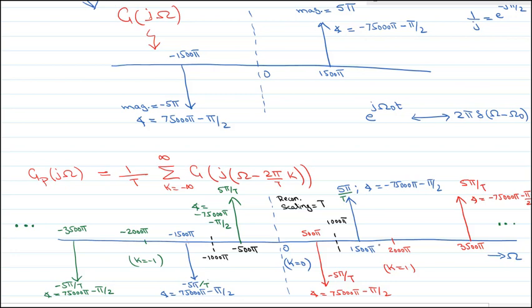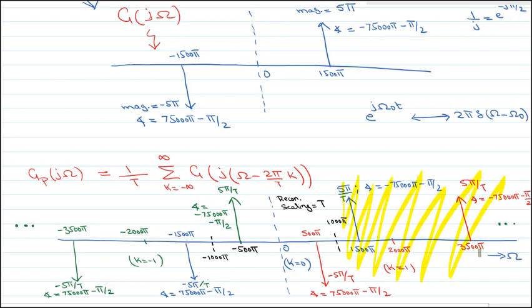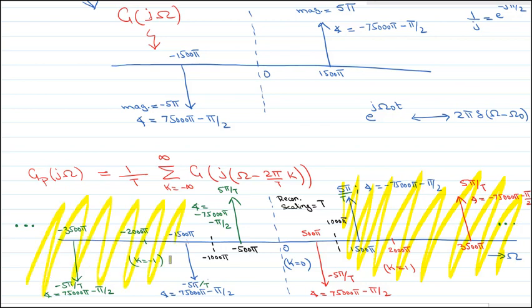So now you can see what will happen: all of these other copies that are outside the minus 1000 pi to 1000 pi range will be blocked. We will lose all of this region because we have filtered that out through the reconstruction filter. The only thing we will be left with is this green impulse and this red impulse, and the scaling will be by a factor of t, which will basically get rid of this 1 over t here and 1 over t over here.